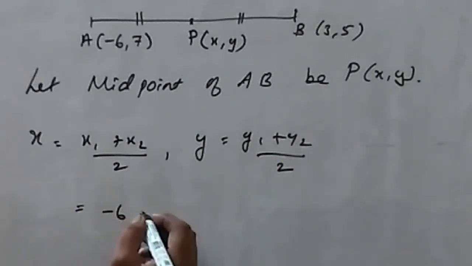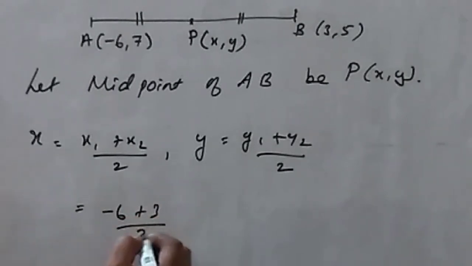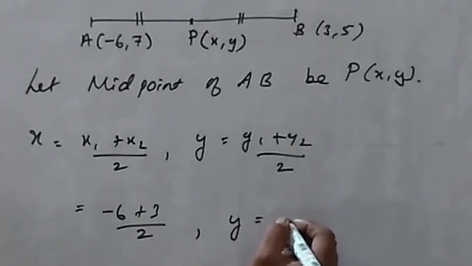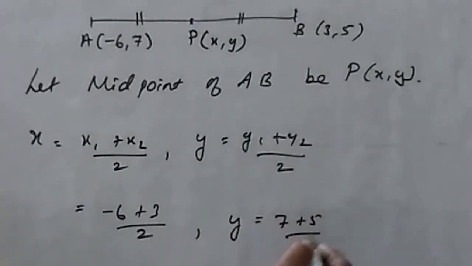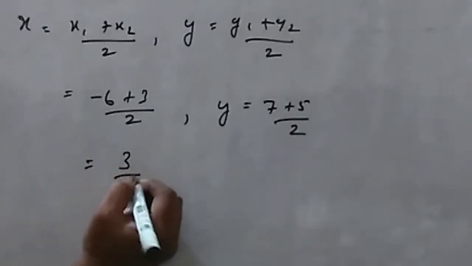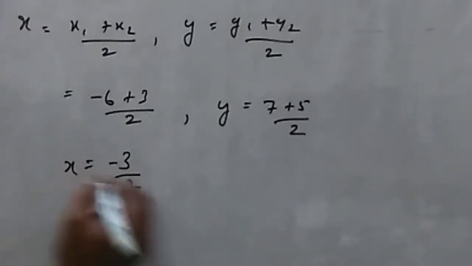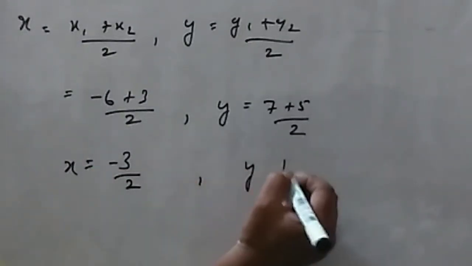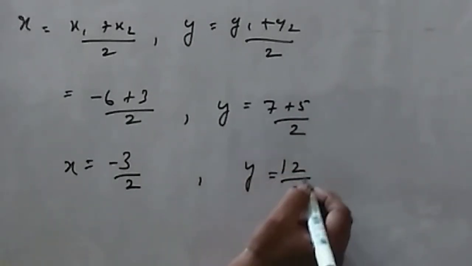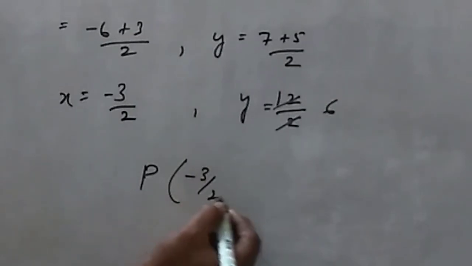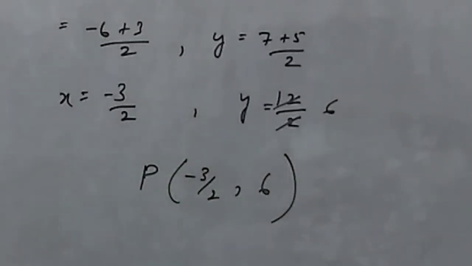Minus 6 plus 3 upon 2, and y is equal to 7 plus 5 upon 2. So x is minus 3 upon 2, and y is 12 upon 2, so you cut, you will get 6. So P is minus 3 upon 2 and 6. The coordinates of P are minus 3 upon 2 and 6.